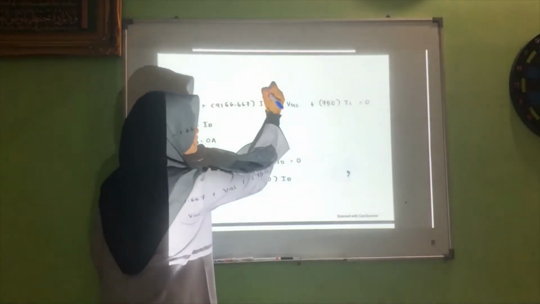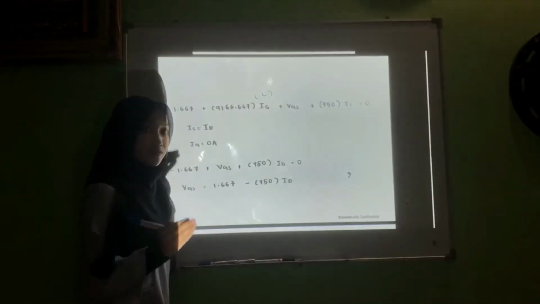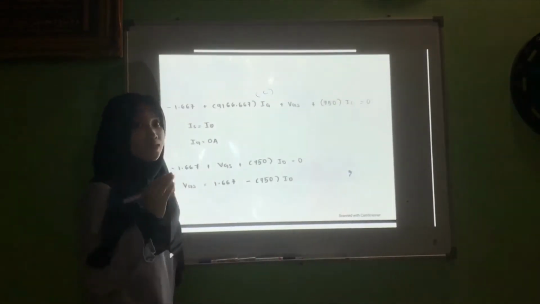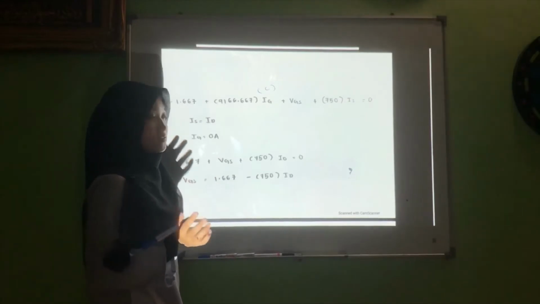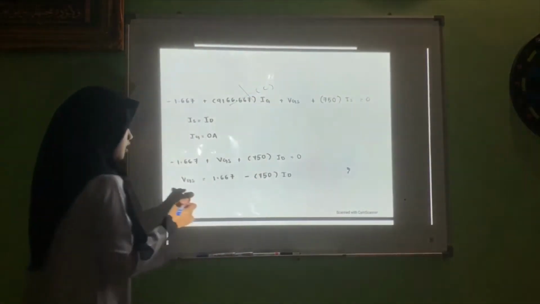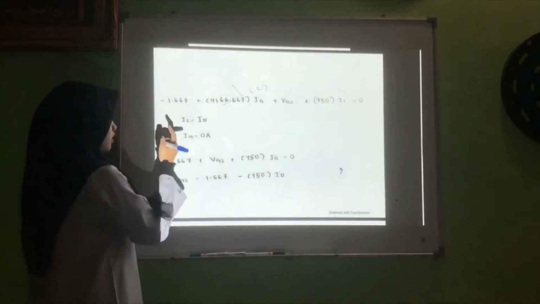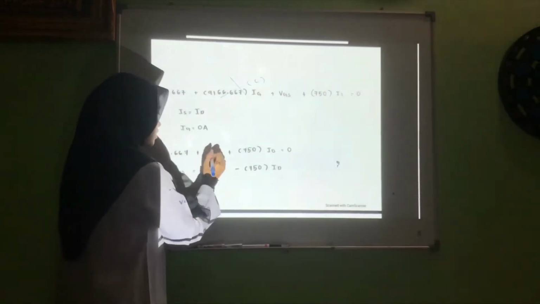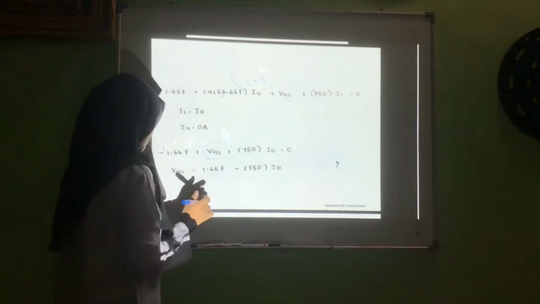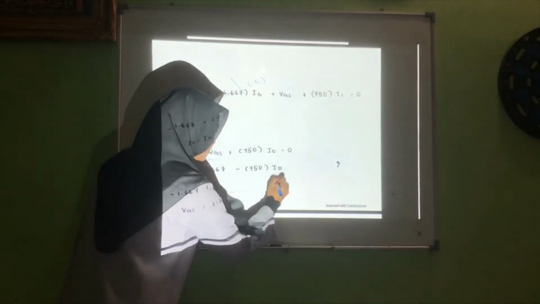So whatever value is multiplied with 0 becomes 0, so we can cancel it. After that, we can rearrange the equation to find the VGS, and we get this equation.